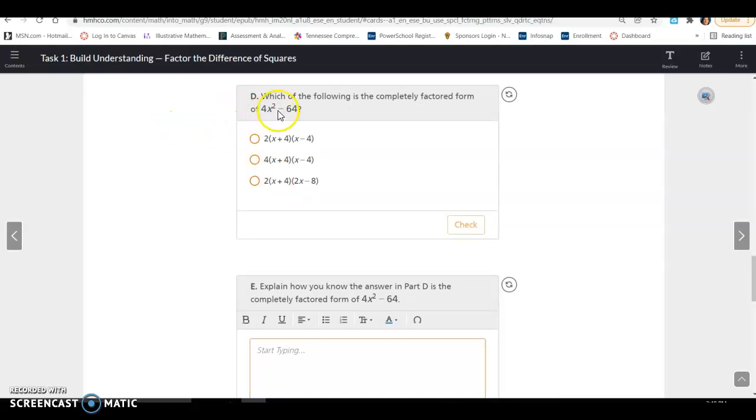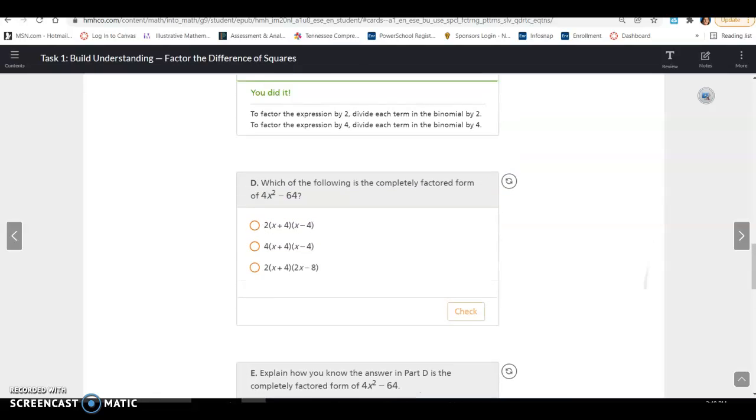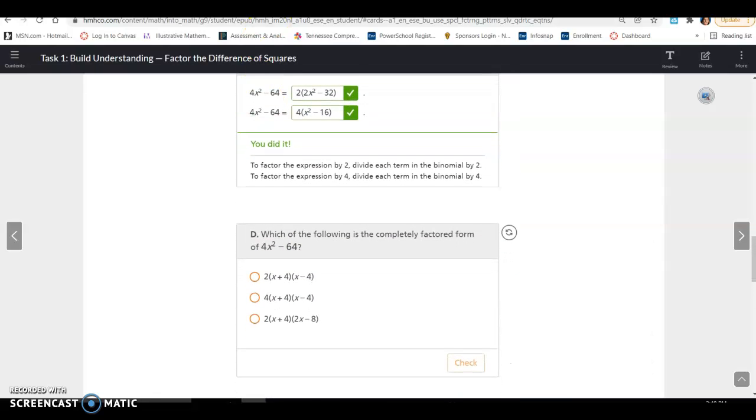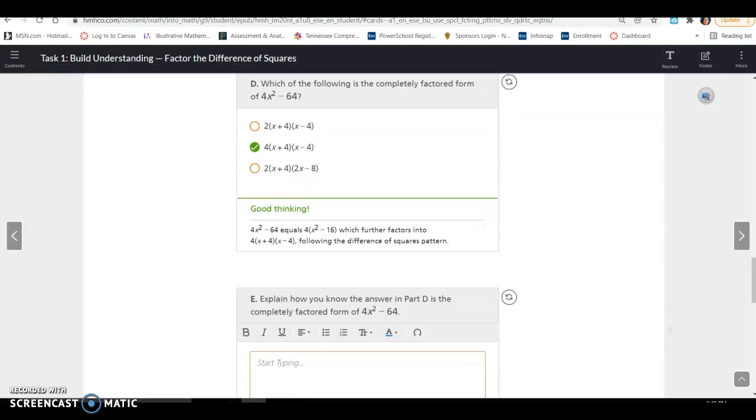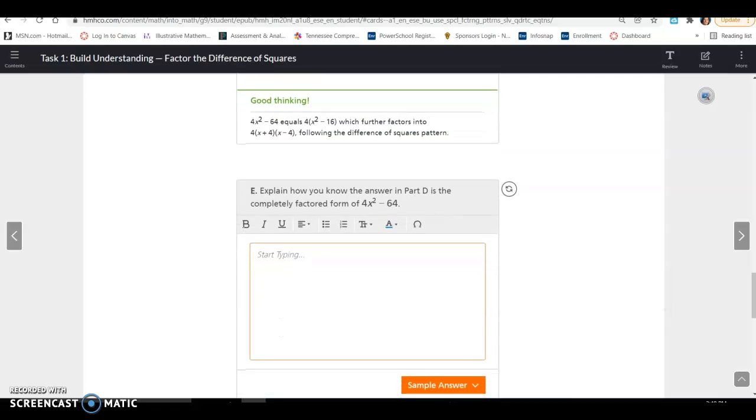All right, the next one says, which of the following is completely factored form? All right, so completely factored form is going to come from this right here. So we have 4 times a difference of squares. So we're going to have 4 times x minus 4 and x plus 4. All right, it says explain how you know the answer in part D is completely factored.